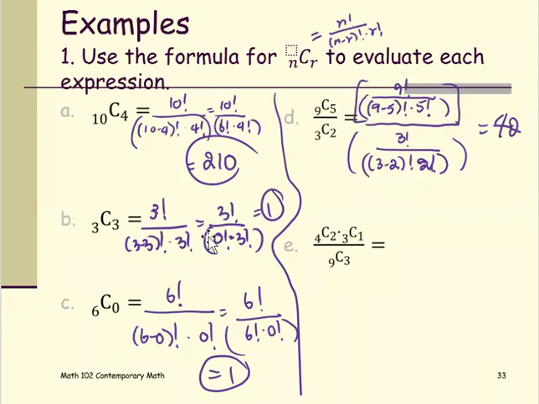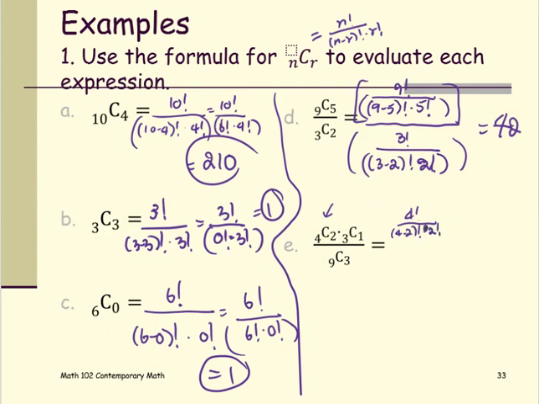And the last one looks more complicated, but it can be done. So just make sure you do it in the right order. We're going to have 3 pieces. The first one is 4 factorial divided by 4 minus 2 factorial times 2 factorial.